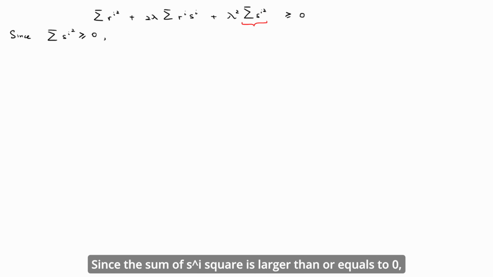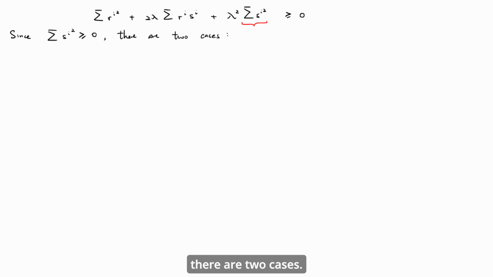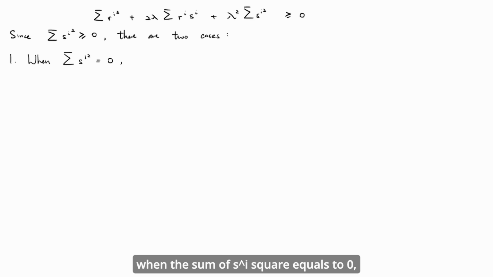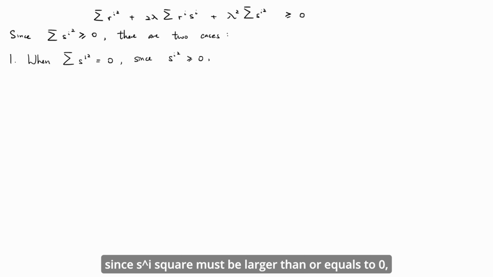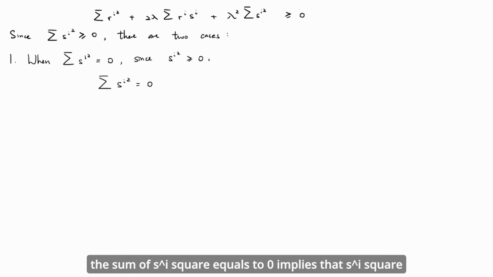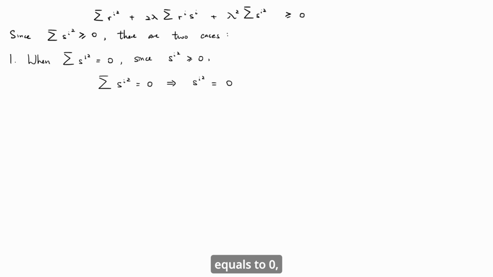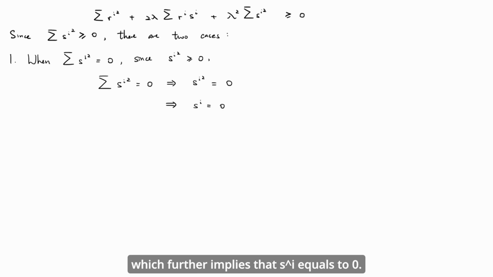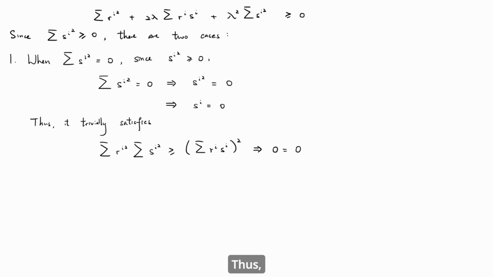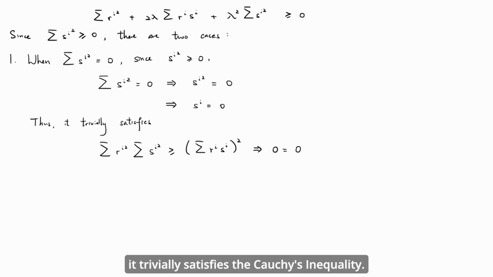Since the sum of sᵢ squared is larger than or equal to 0, there are two cases. First, when the sum of sᵢ squared equals 0, since sᵢ squared must be larger than or equal to 0, the sum equaling 0 implies that each sᵢ squared equals 0, which further implies that sᵢ equals 0. Thus, it trivially satisfies Cauchy's inequality.